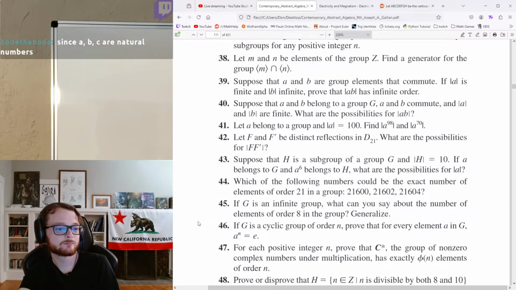Hmm. b plus c is greater than or equal to 2a plus 1.